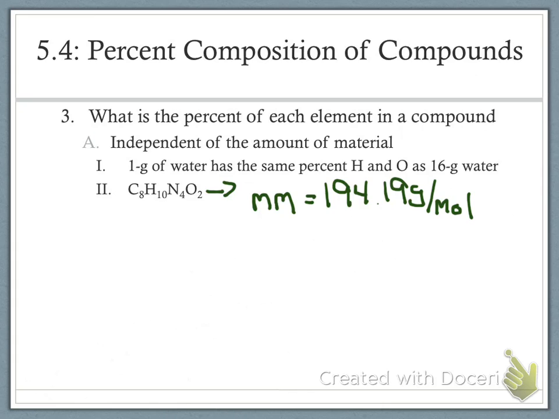Now, if you want to figure out the percent carbon in your sample, you take just the carbon atoms, so that's 8 carbon atoms, find the molar mass of those 8 carbon atoms, so what would that be now? 12.01 times 8, right? So that's 96.08.